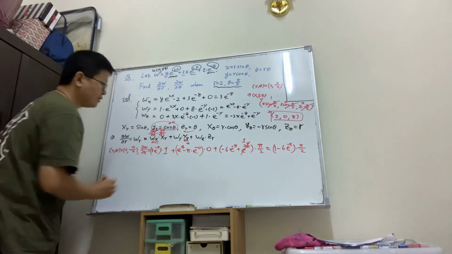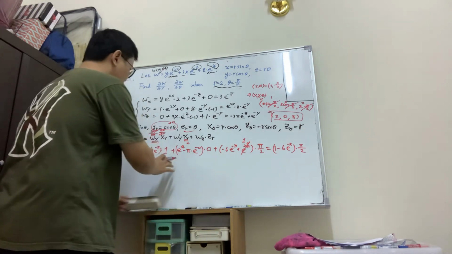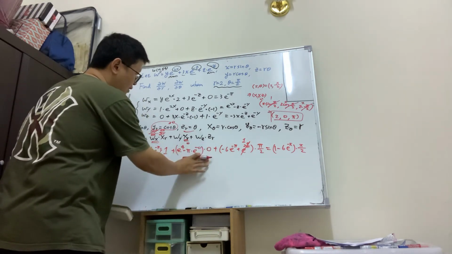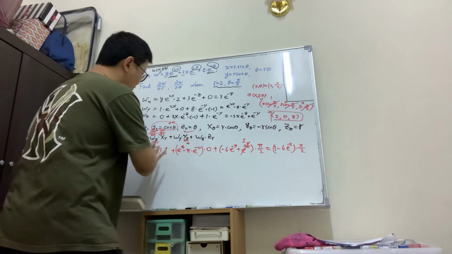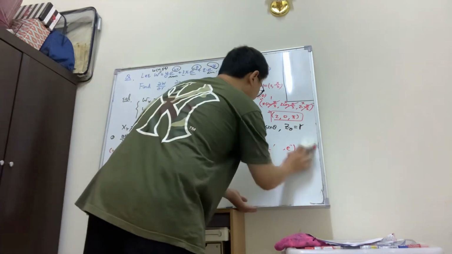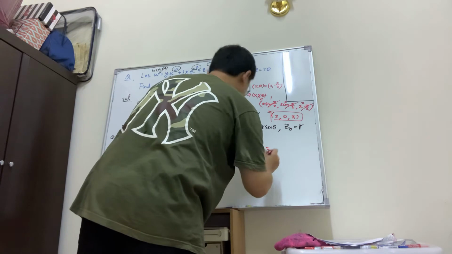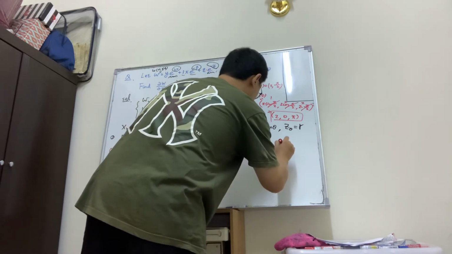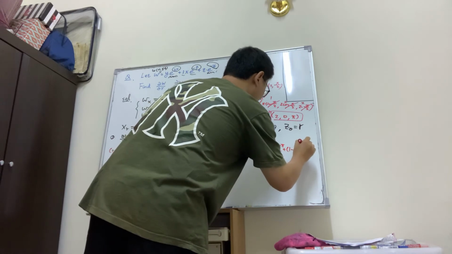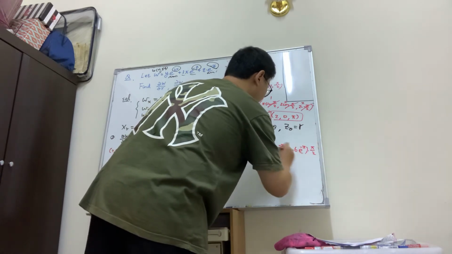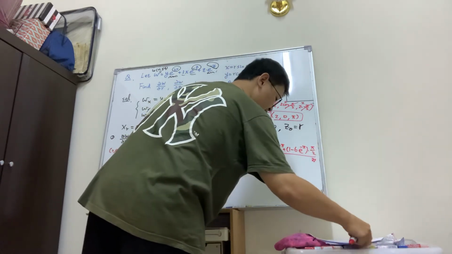So it's 1, this one. So this term we still have, but this term being 0 is correct. And this term we still have 3 exponential pi. So finally it's 3 exponential negative pi plus 1 subtract 6 exponential negative pi times pi over 2. This one.